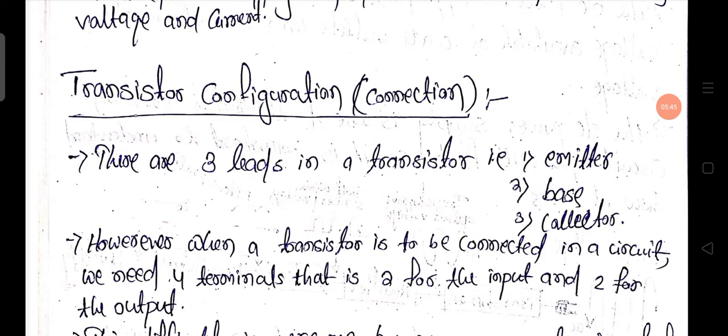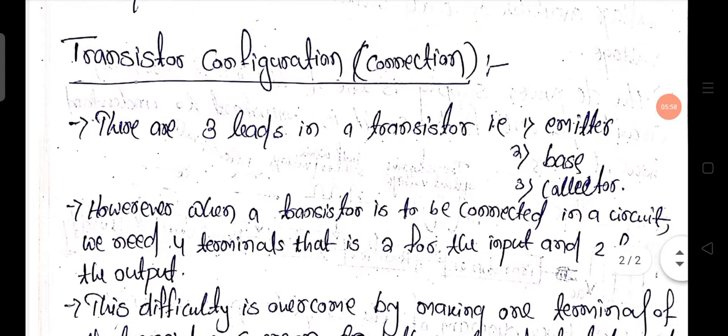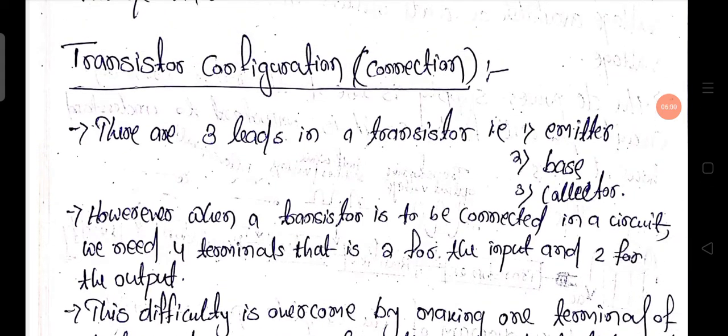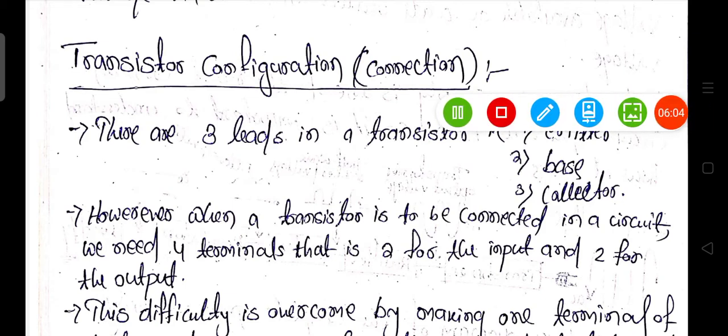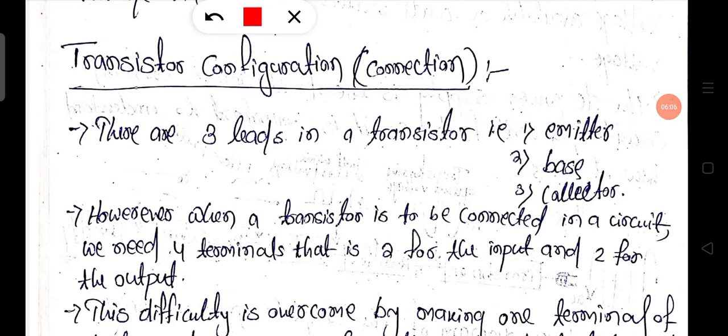That bipolar junction transistor has three terminals: one is the emitter, one is the base, one is the collector.